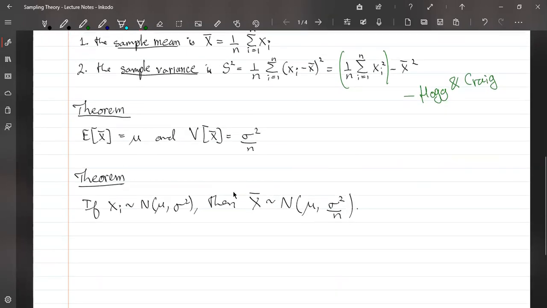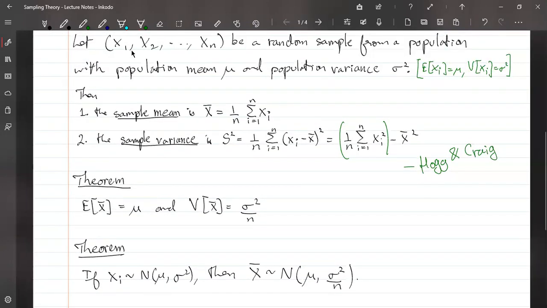Another result that we use for the problems today is, if the population here, so that the distribution of these xi's is normal with mean mu and variance sigma square, as already stated. So if the distribution is normal, then X bar itself has normal distribution with this mean and this variance.